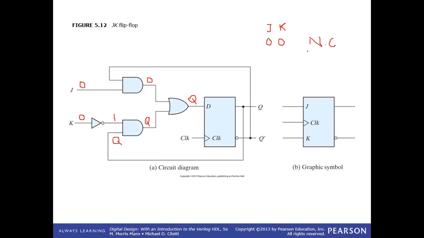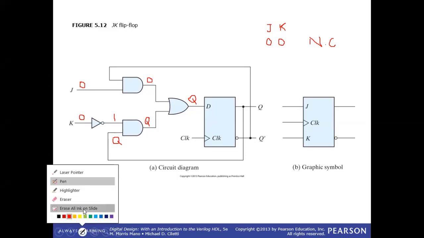Is everybody clear with this? Okay. So for the JK flip-flop, for J and K both equal to 0, we have the no change state, or we also call it the memory state. There would be no change in the Q and Q bar if we have 0, 0 as inputs to the JK flip-flop over here.